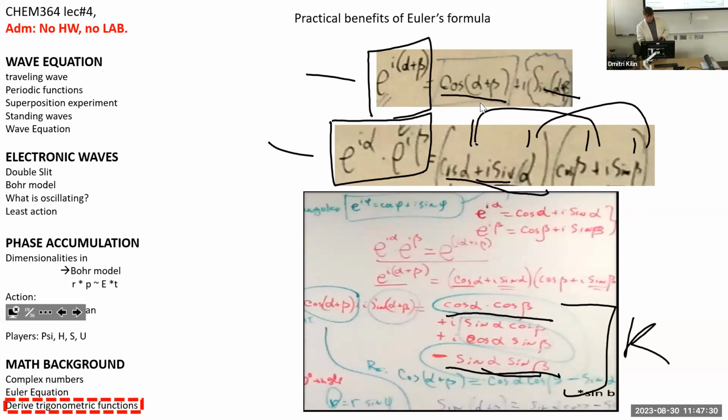And then cross terms will be the imaginary part. Two complex numbers are equal if the real part of the first is equal to the real part of the second, and the imaginary part of the first equals the imaginary part of the second. And then from this, one re-establishes this equation that we used 2 classes ago, and that our high school teachers were drinking our blood for 2 years.